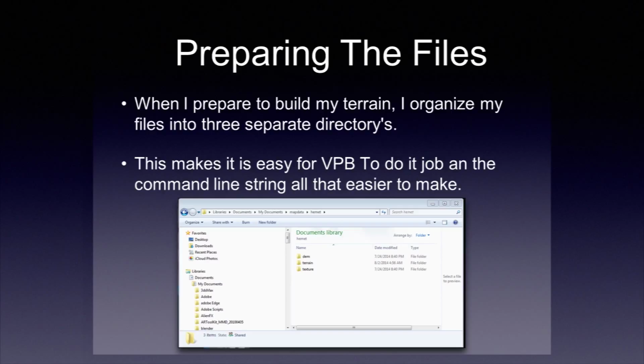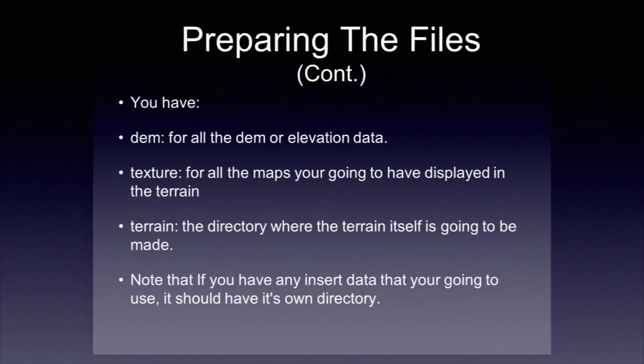In this case, our project directory is going to be Hemet, so we have a directory called Hemet, and in there we have 3 subdirectories. One of them is going to be DEM. This is where you're going to put the 2 DEM data files that we collected.